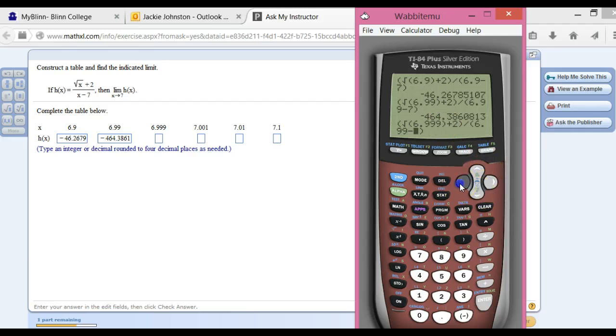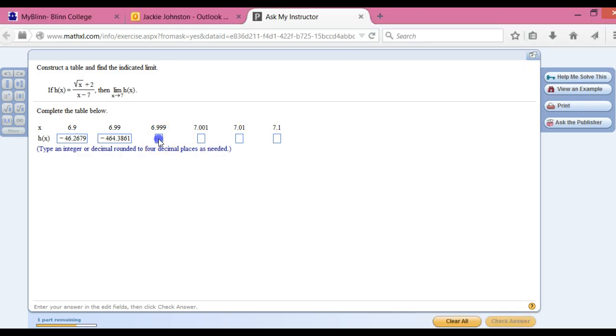We can go down here and again do second and then insert another 9, and that will give us our value for 6.999, which is negative 4645.5623. Might help if I clicked in the box. 4645.5623.